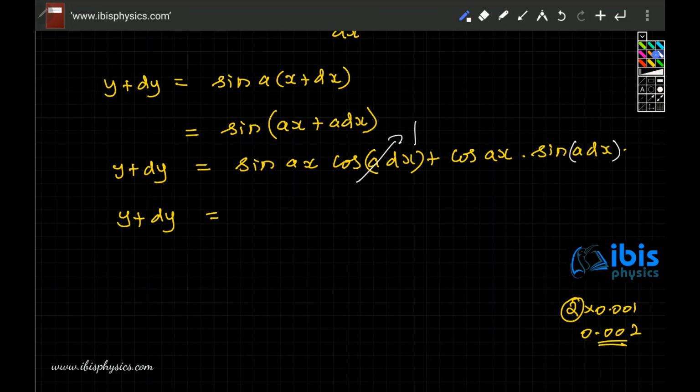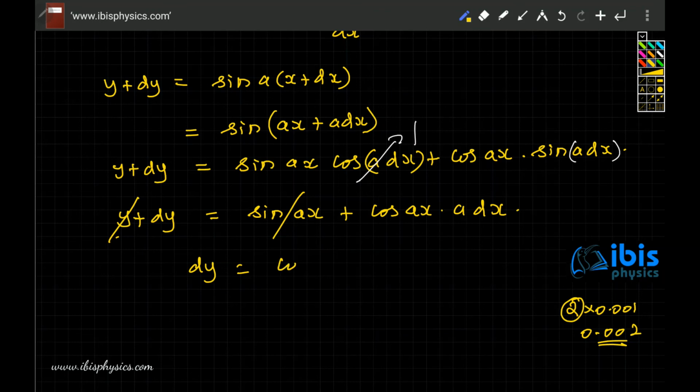Hence, how do we write this here now? Sin ax into 1 plus cos ax into a dx. So y equal to sin ax. Then dy equal to, because y is equal to sin ax, these two will be cancelled.